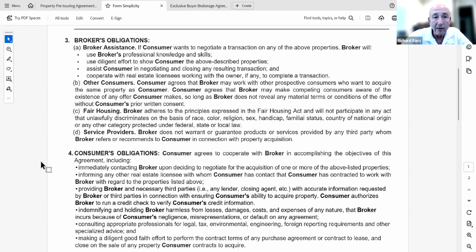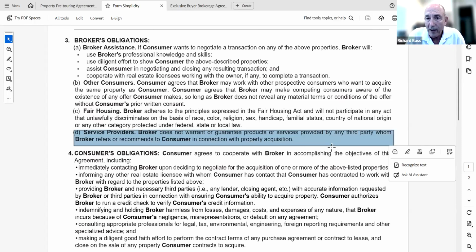And I love what they've put in here, because this is something that comes up quite often. It talks about service providers, and it says we do not warrant or guarantee the products or services provided by any third party whom we could refer to the consumer. That very well includes mortgage and title, but if you're involved in the transaction and you're recommending an inspection company, referring a handyman who's going to fix something, or a roofer, anybody that you're referring to them, that's all you're doing.